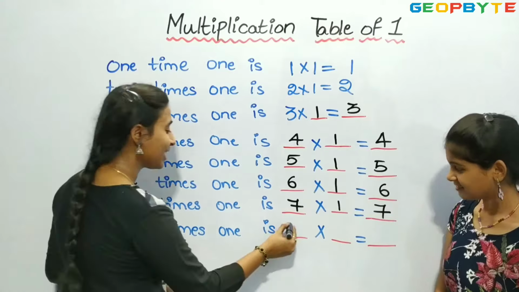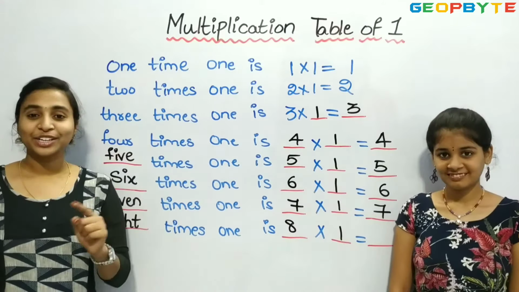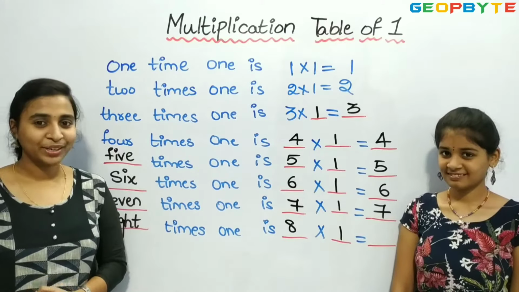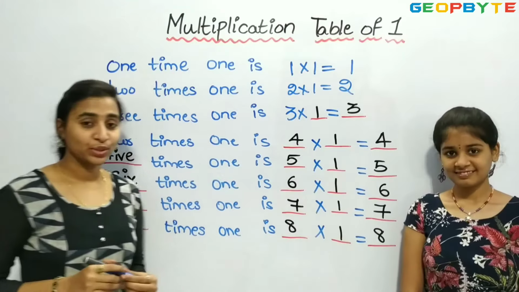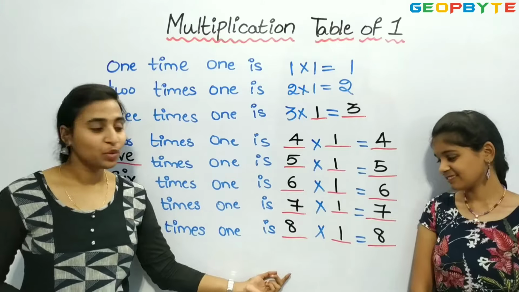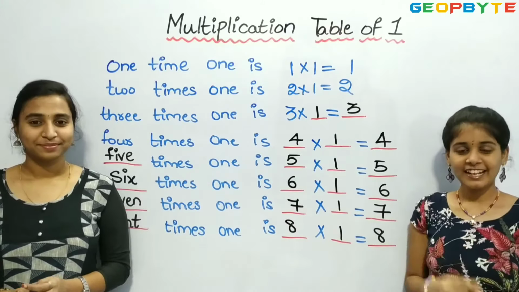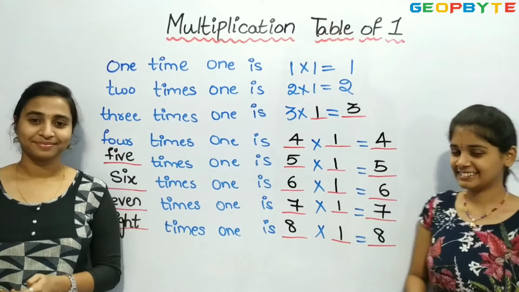So let us write 8 into 1. 8 into 1 or 8 times 1 is equal to 8. So children, 8 times 1 is 8 into 1, that is equal to 8. Now we have completed all the blanks.